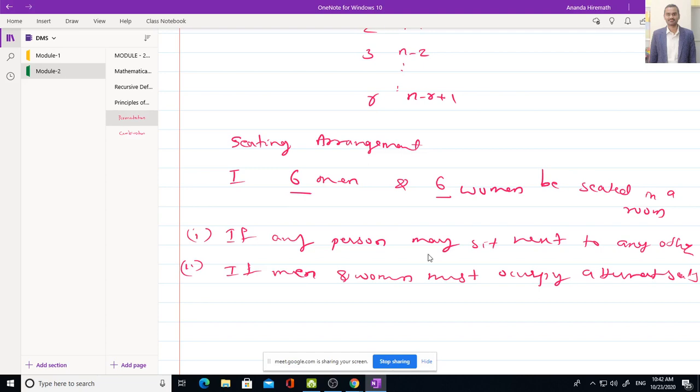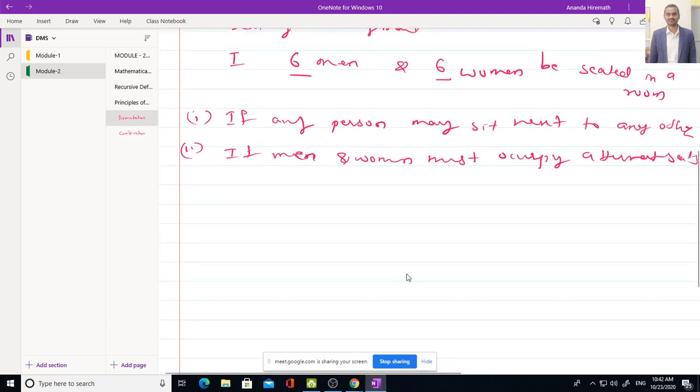In the first restriction, any person may sit anywhere. There is no restriction like first there must be a man, then next must be a woman. Anybody can sit anywhere. In this case, the direct answer for the first question is 12 factorial, because there are 12 choices first, then 11, then 10, and so on.